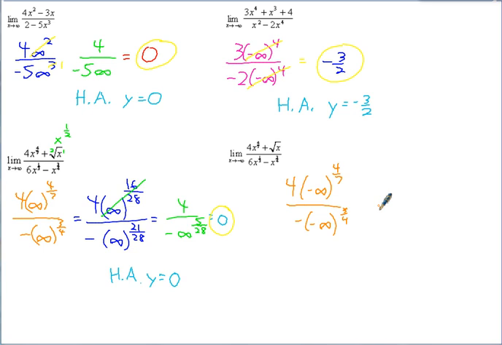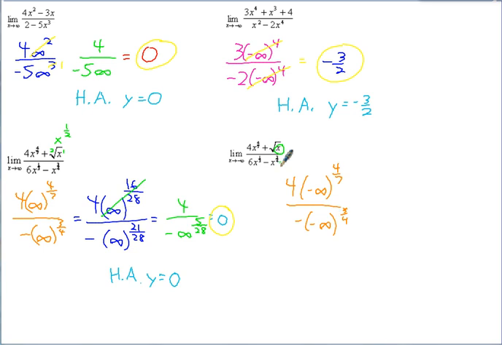However, you have to remember these fractional exponents represent radicals, and this is a negative infinity, a huge negative number. So think about what would happen if you substitute a huge negative number into a square root, or any even root. A negative number would give you an imaginary number, right? So this one would not exist, and same thing here. This is a 4th root, so this would also not exist.